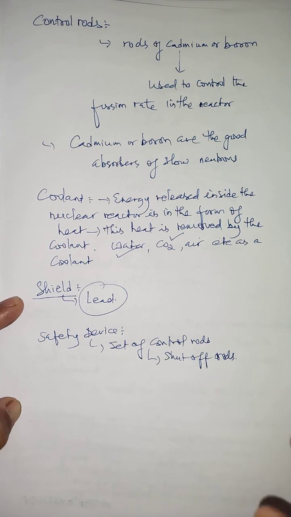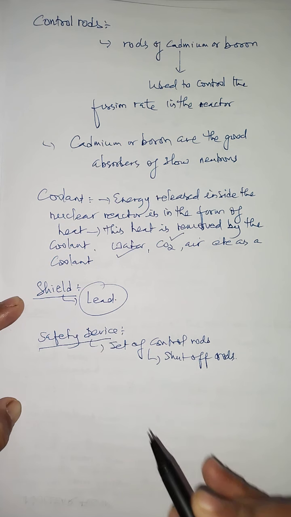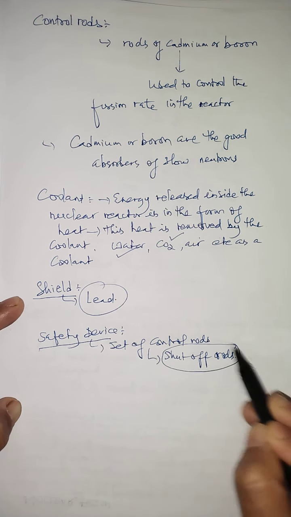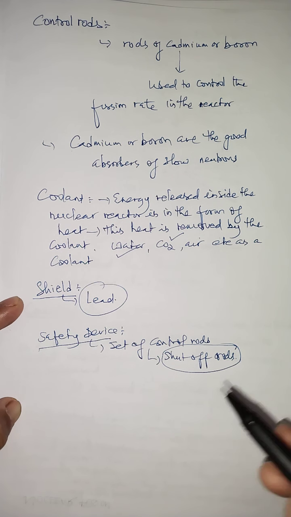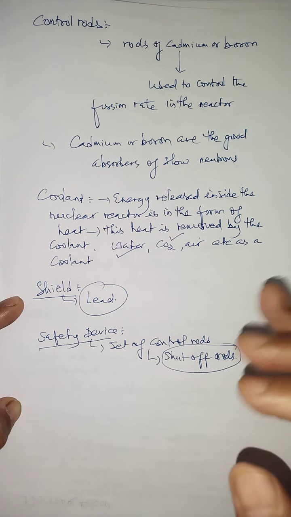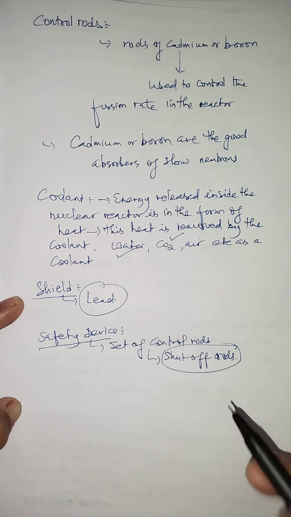So in this case, what happens? The chain reaction stops immediately. The chain reaction stops immediately and entirely. Such a device is called a safety device. So safety devices are nothing but the set of control rods which are called scram rods, but these are used only in case of emergency. If there is any emergency while working in a nuclear reactor, or if any accident occurs in the nuclear reactor, then this type of rod is used.